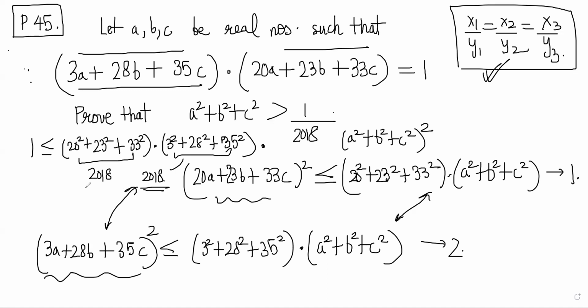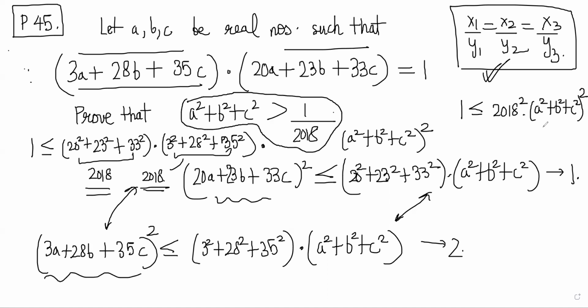You can check that. You eventually get 1 is less than 2018 square times (a square plus b square plus c square) whole square. And then it is obvious that a square plus b square plus c square is greater than this. You take this on the denominator and remove the squares. I hope it is clear what we have done. Does anybody have a doubt?